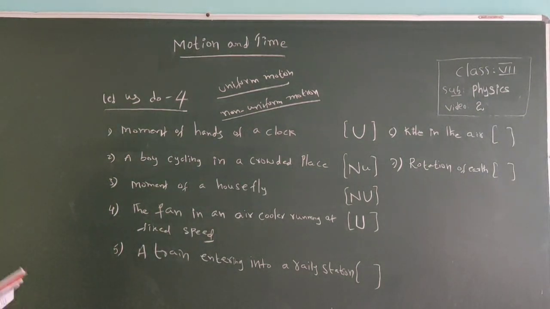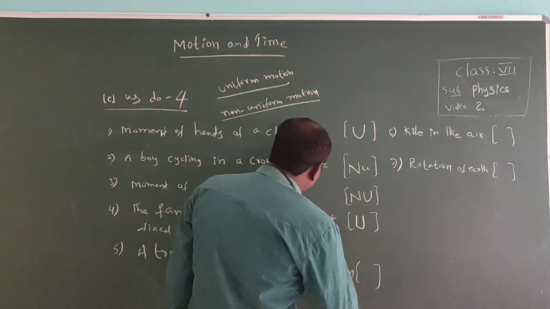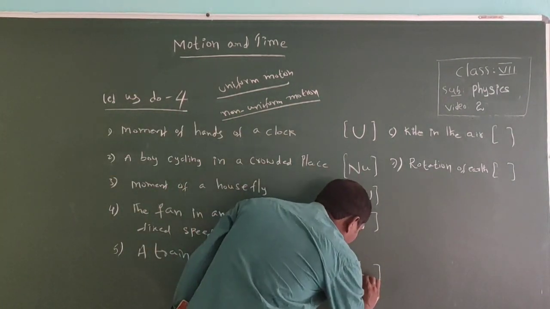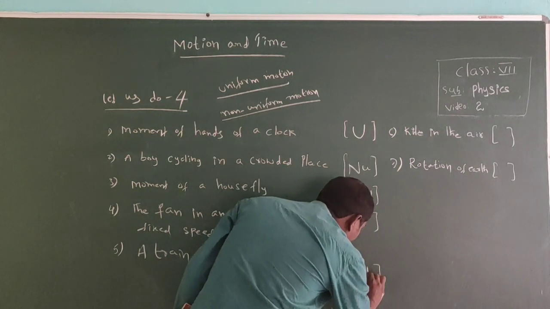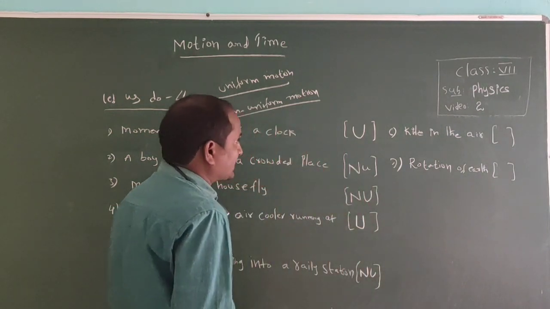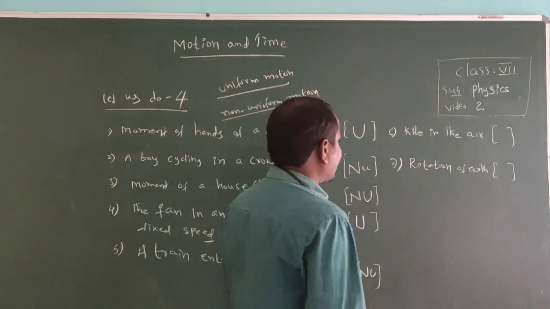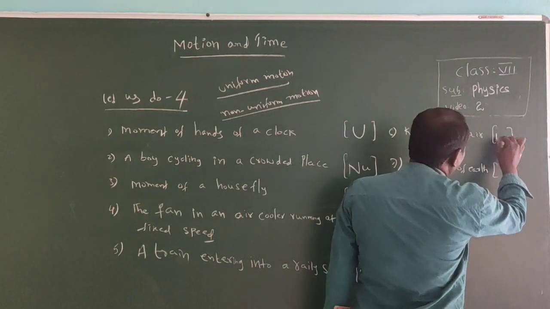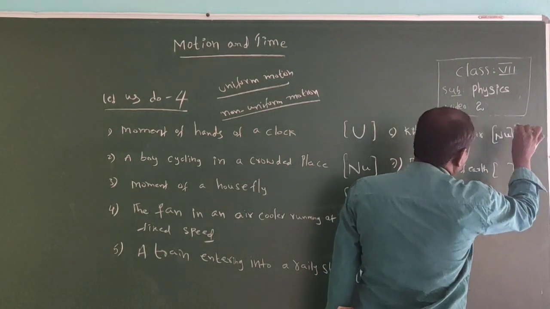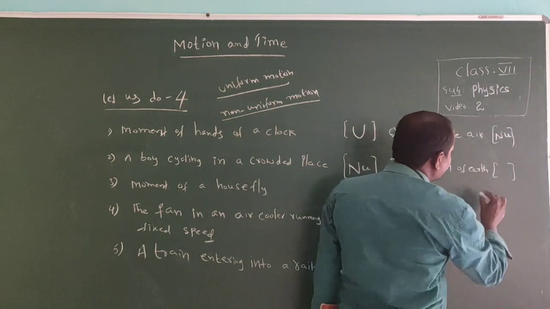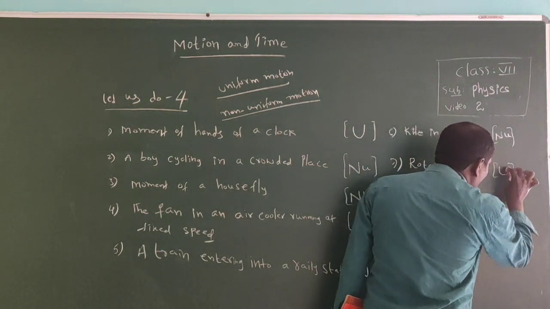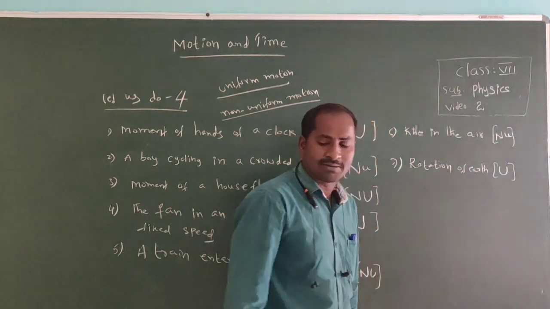It is going with different speeds. So that is non-uniform motion, NU. Next one, a kite in the air, that is also non-uniform motion, NU. Next, rotation of the earth is uniform motion.